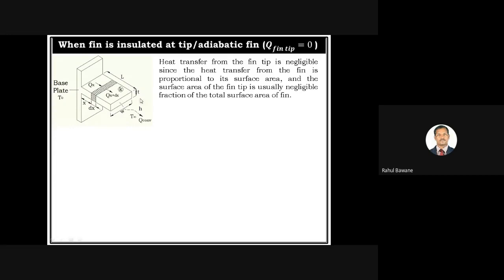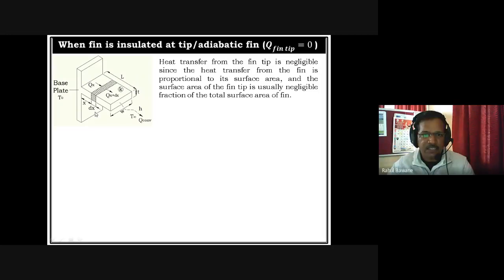Everyone knows that according to Newton's law, heat transfer rate is directly proportional to the surface area exposed for heat convection. But this tip has a lesser surface area as compared to the overall, so we are neglecting this. The surface area of the fin tip is usually a negligible fraction of the total surface area of the fin.